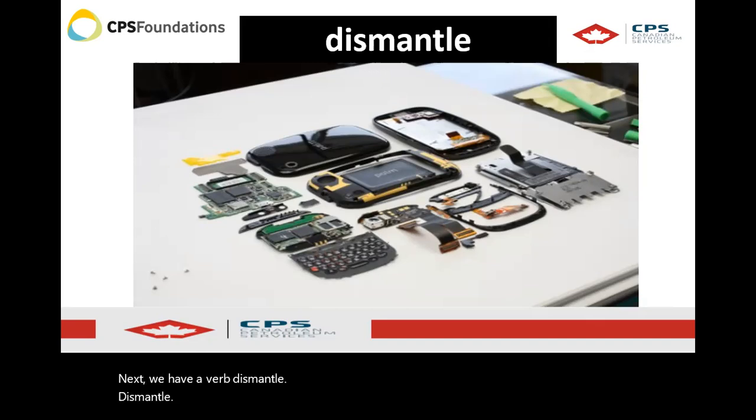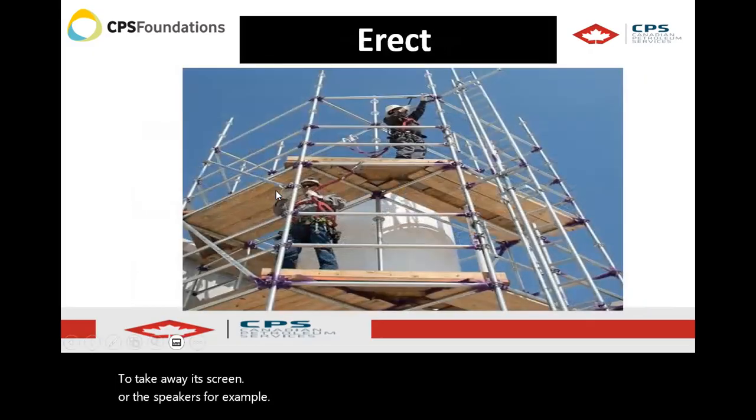Dismantle means to take away the smaller parts of a bigger thing, like a cell phone, to take away its screen, buttons, or the speakers, for example. The opposite of the word dismantle is erect, which means to build something upright.